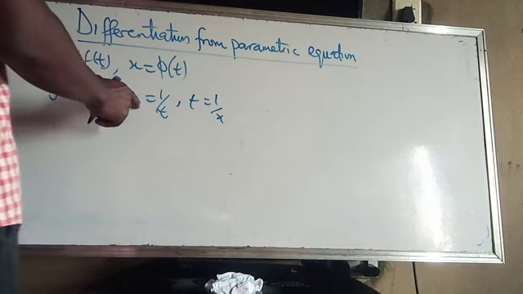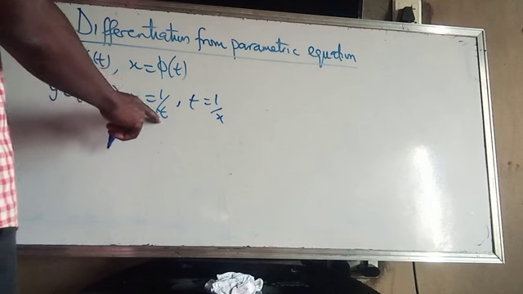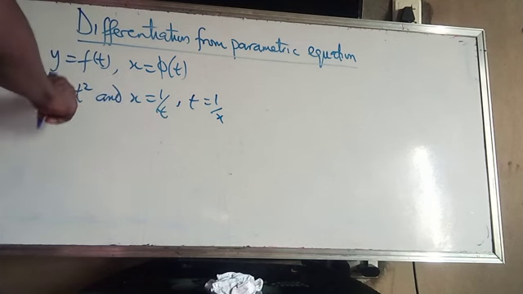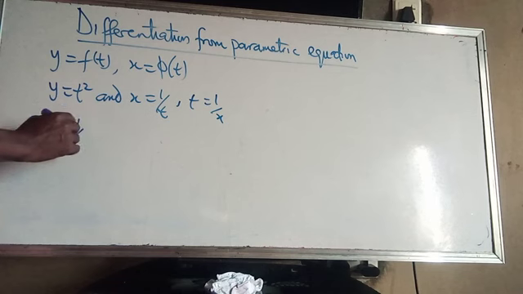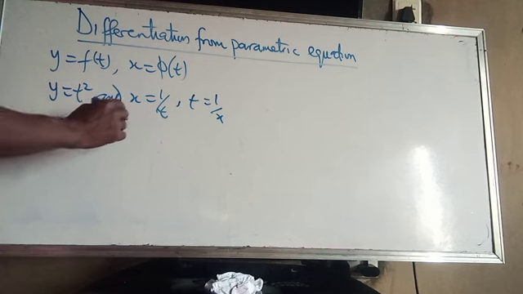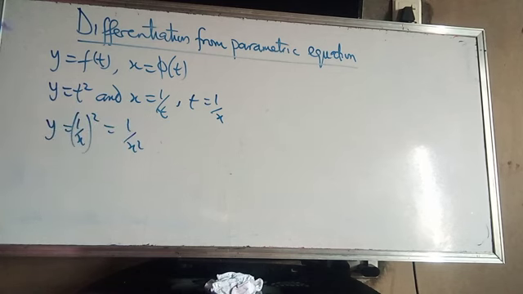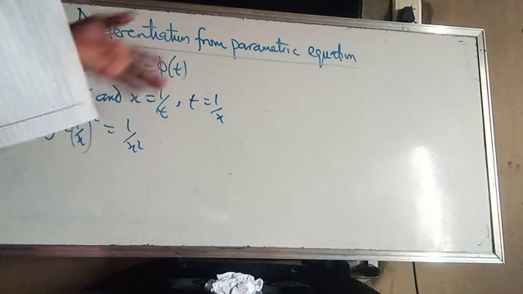If you cross multiply, t will be 1 over x. By the time you put it here, y will be equal to 1 over x all squared, which will be 1 over x squared. It is convenient to write it that way because we have introduced a parameter t, and that is directly by substitution.